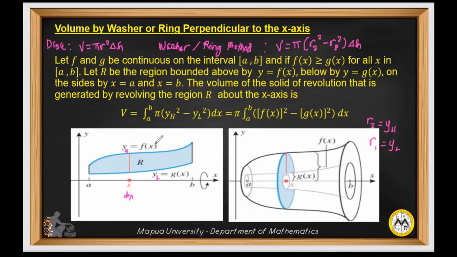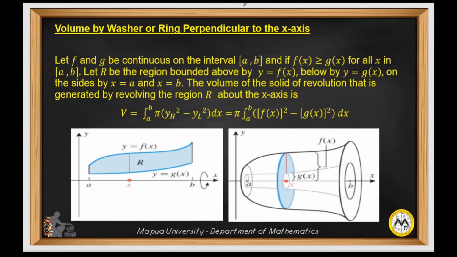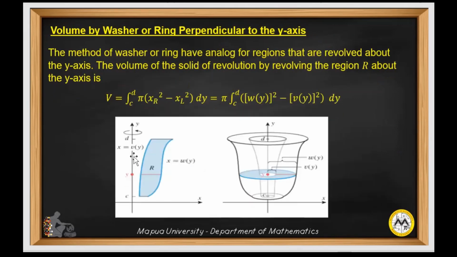Since y_H is equal to f(x) and y_L is equal to g(x), the volume is equal to pi times the integral of [f(x)] squared minus [g(x)] squared times dx.